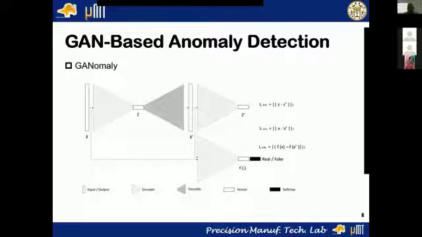Then, the original image and the fake image are input to the discriminator for feature extraction, and the two images are encoded into two vectors. They define the L1 distance of the two vectors as the residual score. A higher residual score indicates that the sample is abnormal.